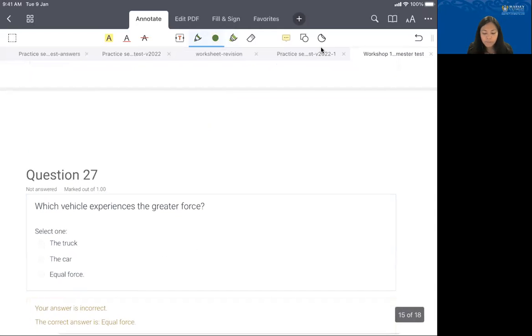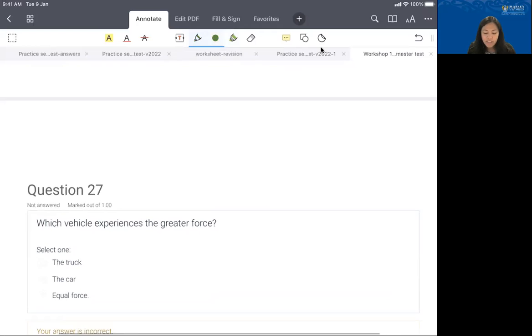Which vehicle experiences the greater force? This is a tricky one, because say this is vehicle 1 that's moving here, and you have vehicle 2 that's bigger, weighing more, that's moving to the right. So when they collide, vehicle 1, the car, exerts a force on the truck.